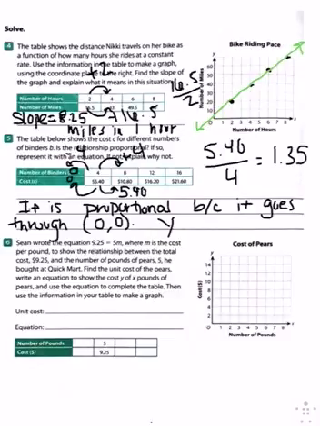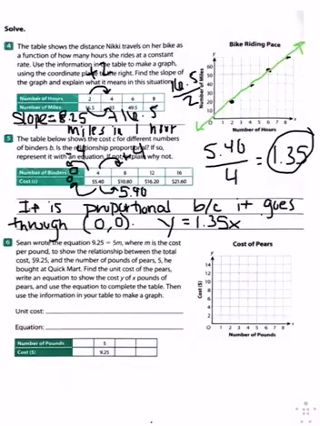And so my equation would be y equals 135x. Again, I could put the plus 0 on at the end, but I don't have to because 0 doesn't change anything. But it's my unit rate that is my slope that gets put in front of the x.